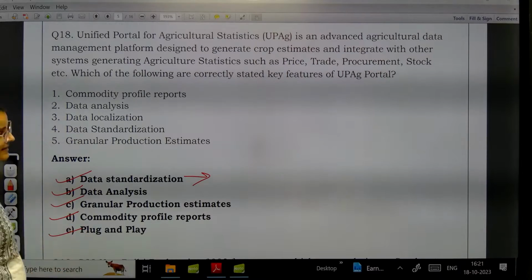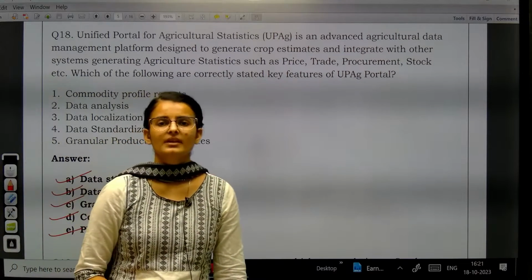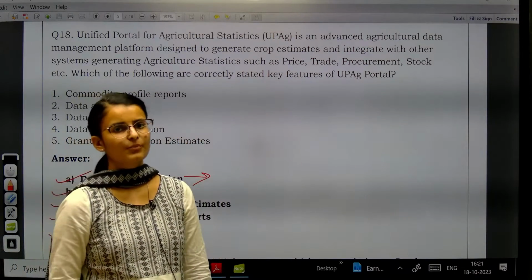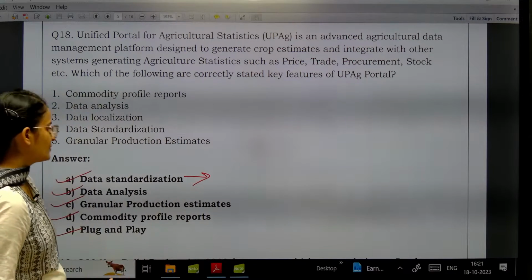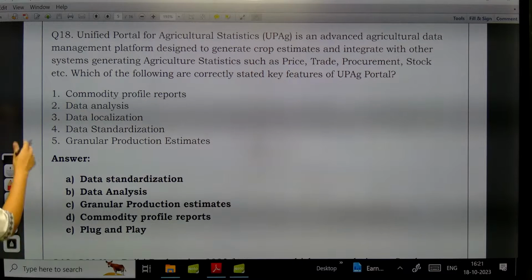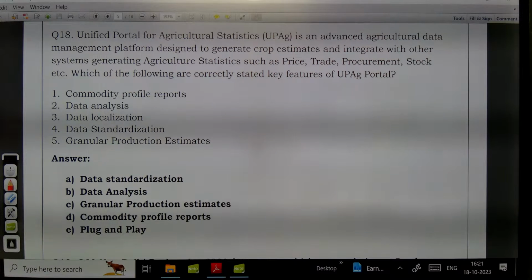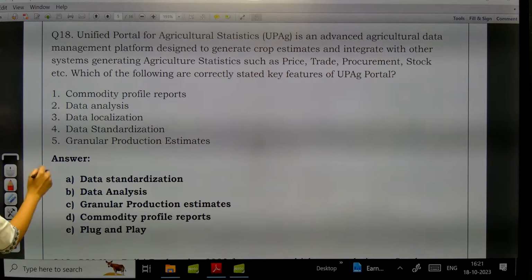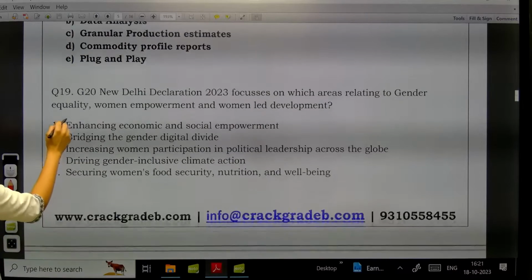Plug and play means any individual can take information from this portal and use it for producing their crops. Okay, so under this, which one is not there? That is data localization. Okay, data localization is not correct.